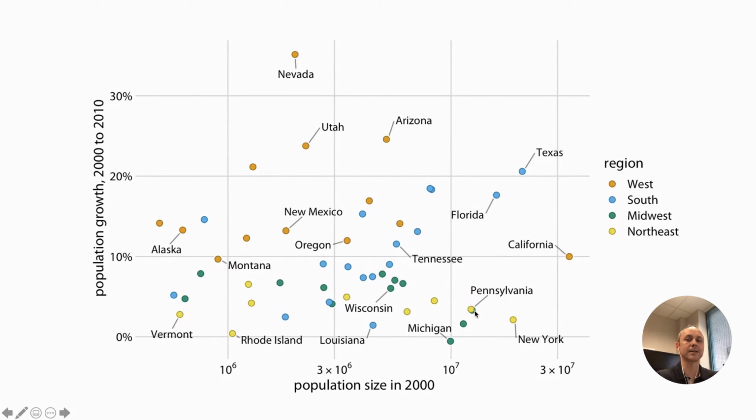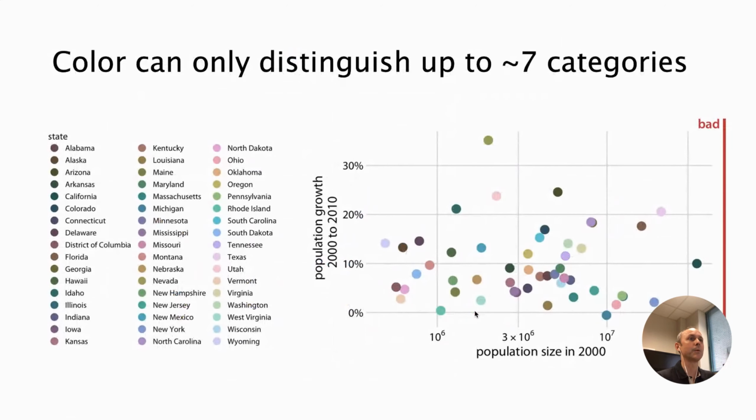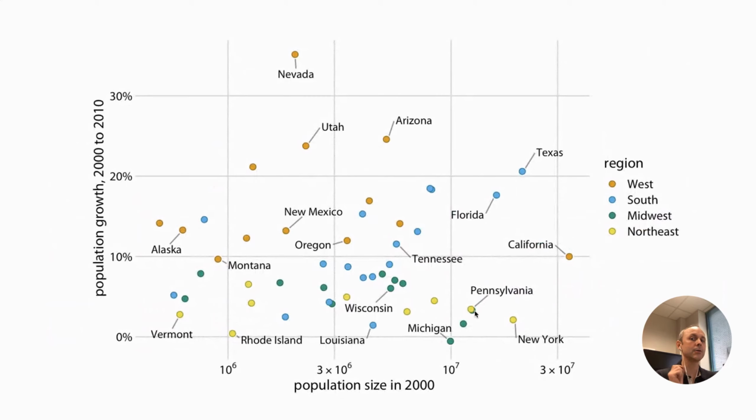So there's a lot of patterns that I see right away if I use 4 colors, but if I go back, if I use 50 colors, you would spend a day trying to figure out these patterns, right? So don't do that. Use colors to highlight small numbers of categories. 7 is already a stretch, honestly, in my opinion.